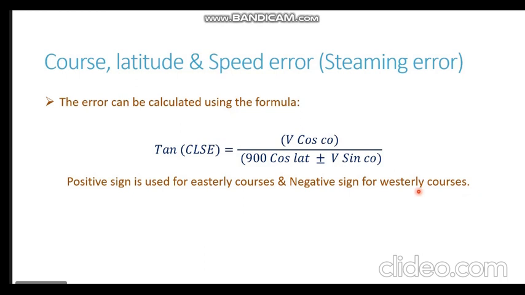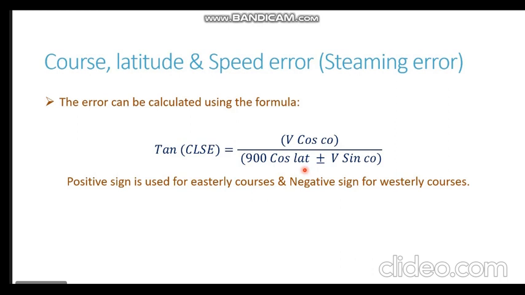Now, why is it a plus for easterly course? It will become clear when I explain it to you using the diagram, but just to give you an example here, you see this first factor in the denominator, 900 cos lat, basically represents the motion of the earth at any particular latitude.